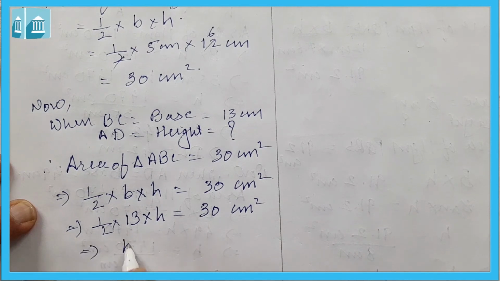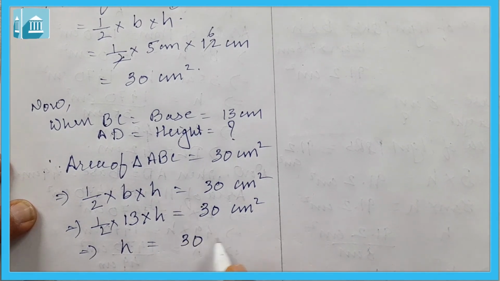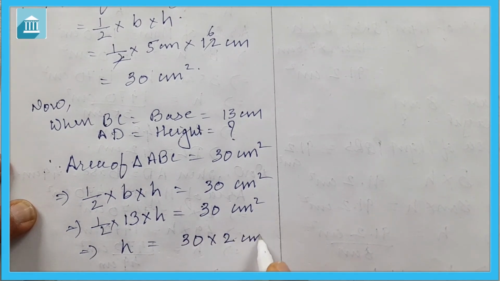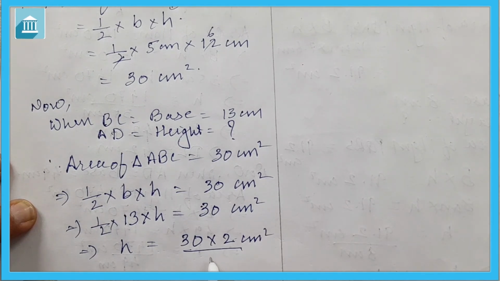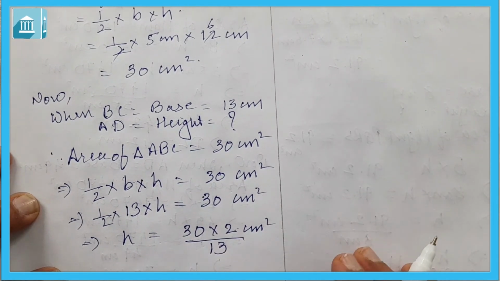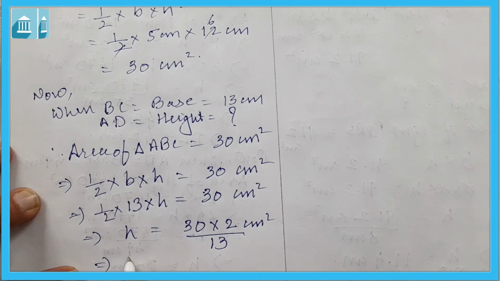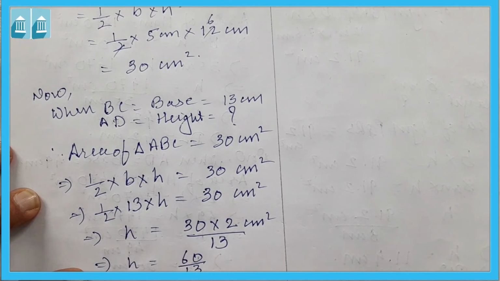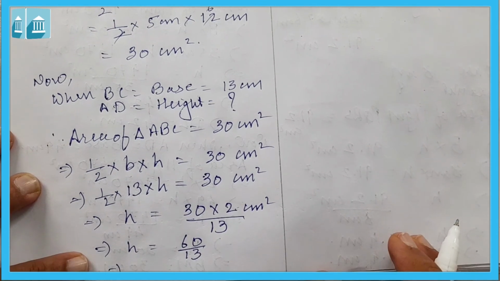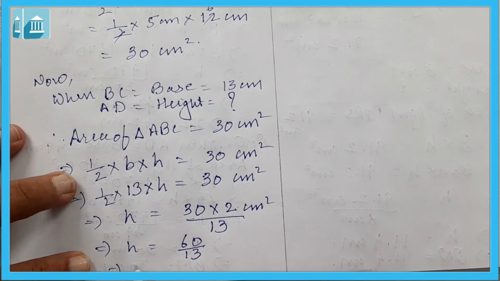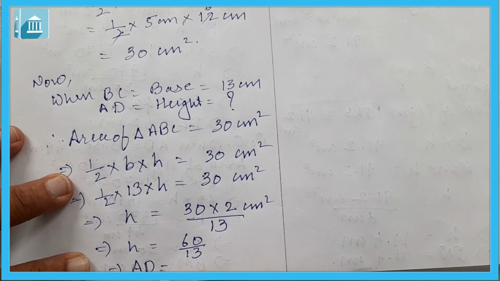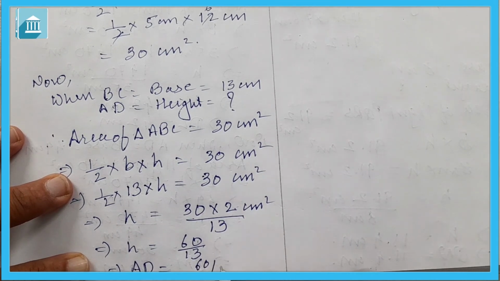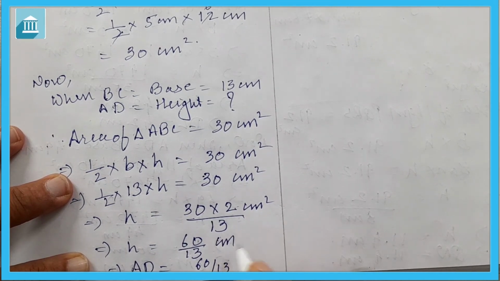So h is equal to 30 into 2 centimeter square upon 13, so h is equal to 60 upon 13. It is not divisible, so we can write directly that AD is equal to 60 upon 13 centimeter.